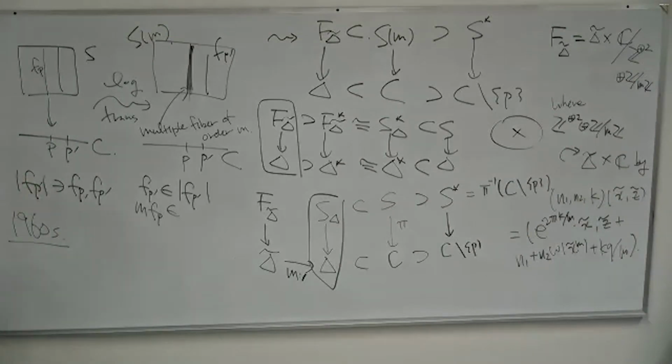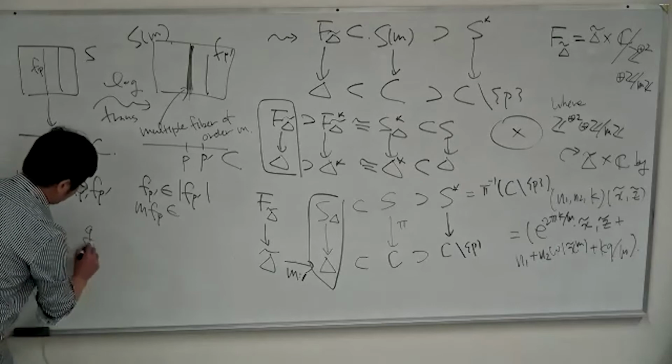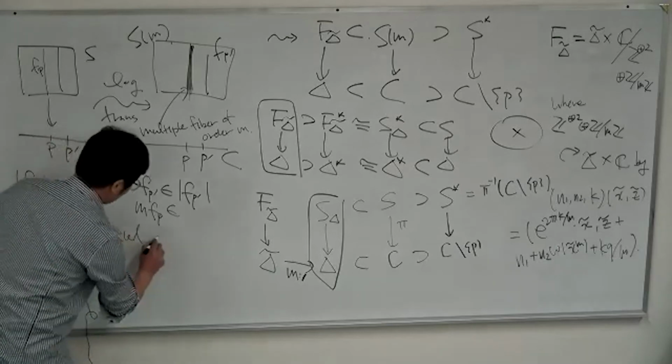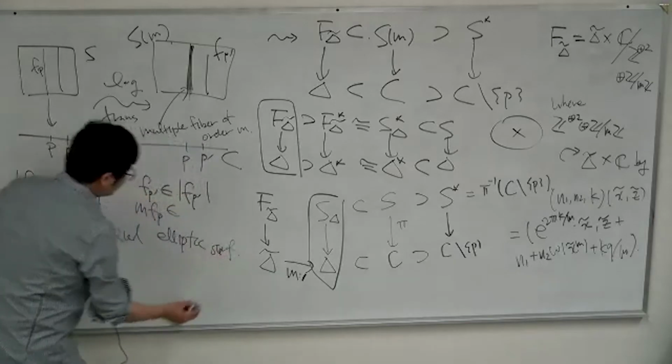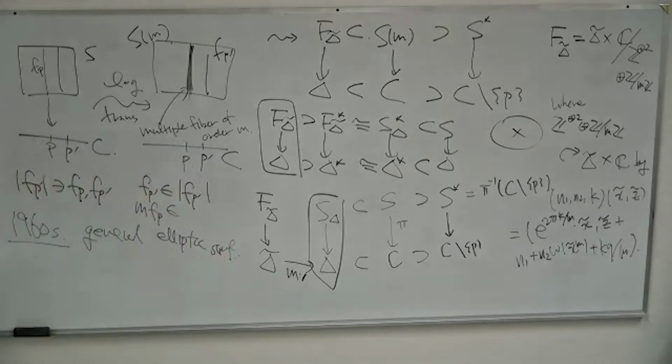So anyway, the key point is that a general elliptic surface can have many multiple fibers.